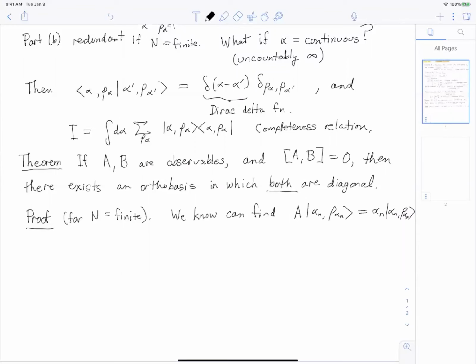That's just the definition of what it means to be an eigenket with eigenvalue α_n.